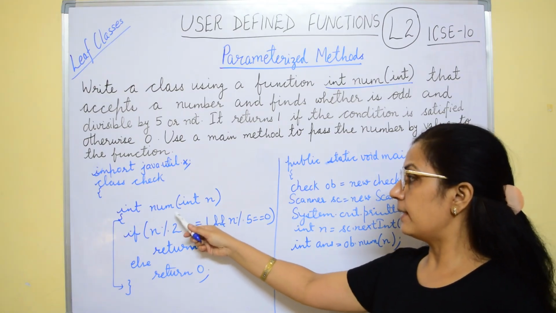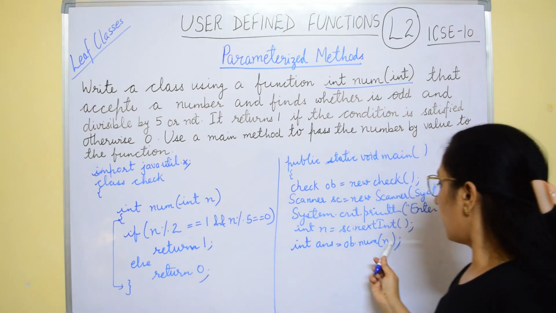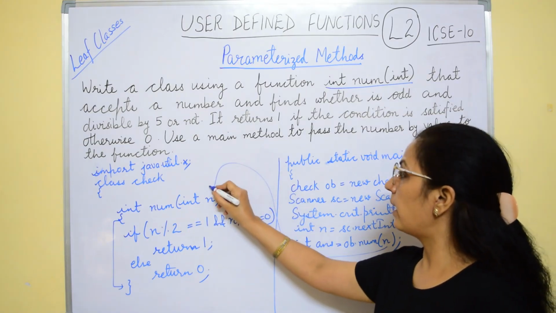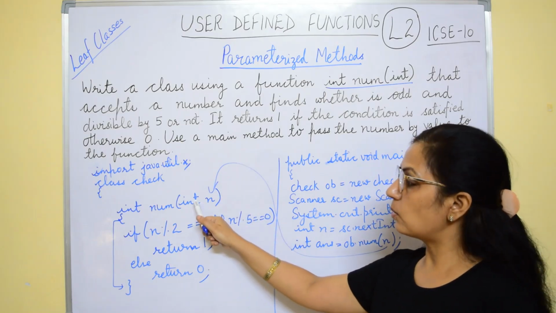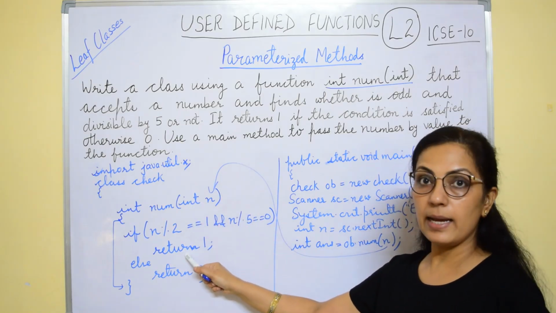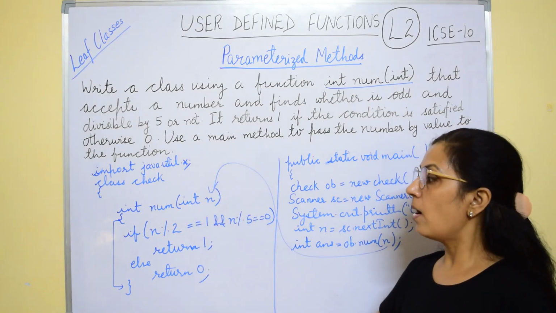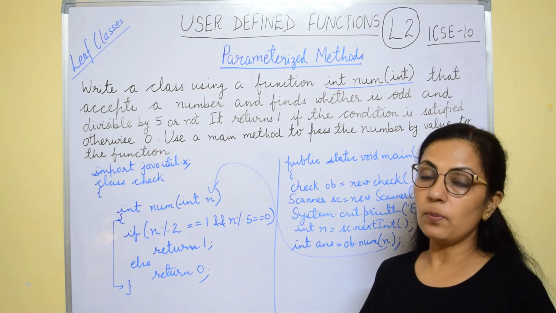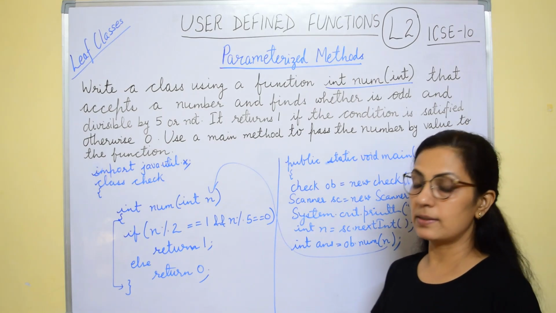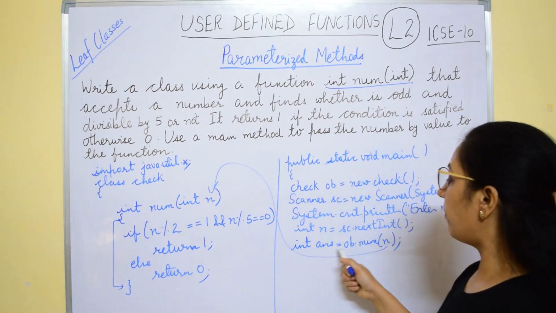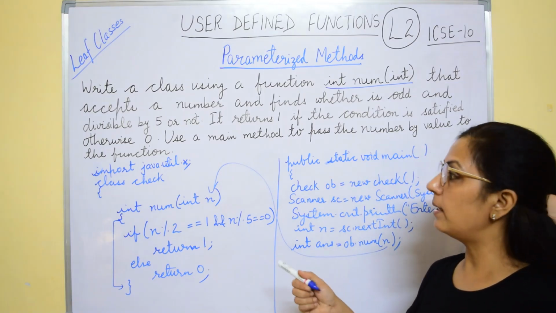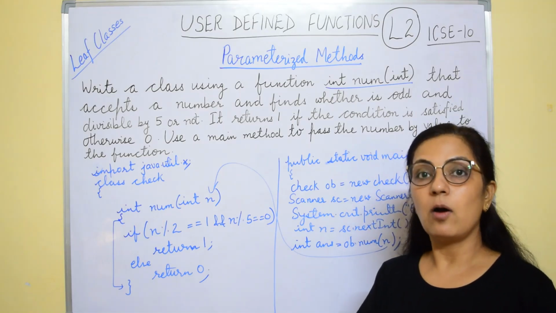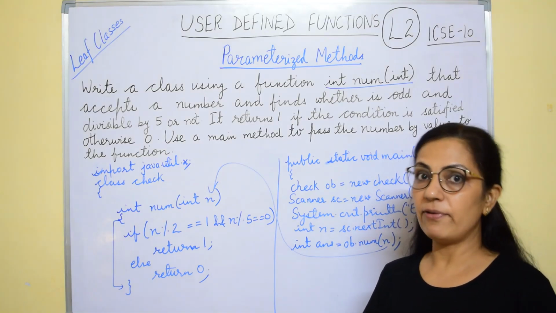So when you are giving n, the value n is going here and then it will be returning either 1 or 0, but till now we have not given any output statement. Depending upon the value of ans only, we will state that it is an odd number and divisible by 5.